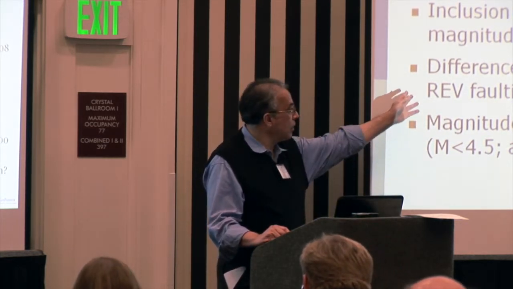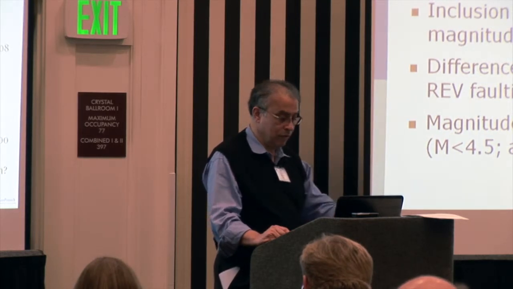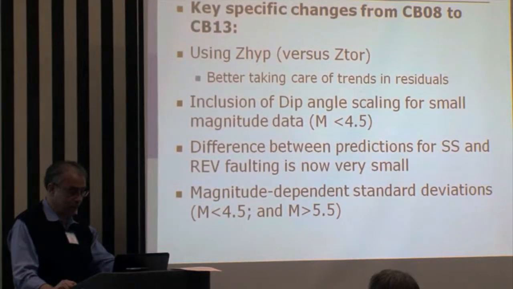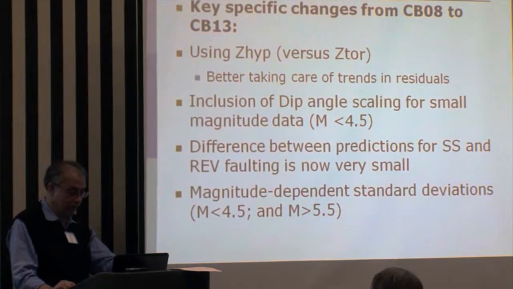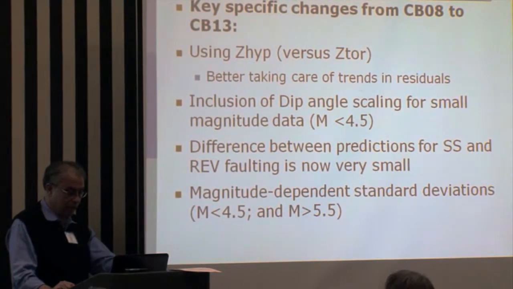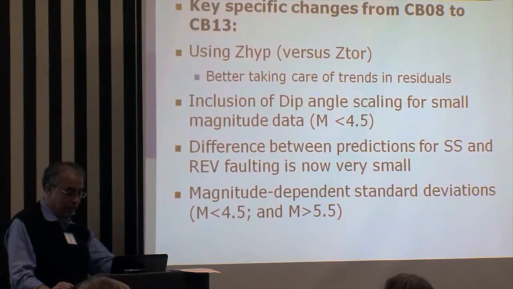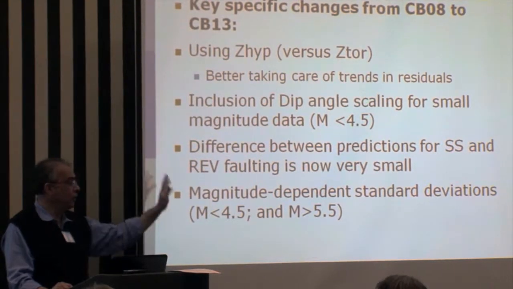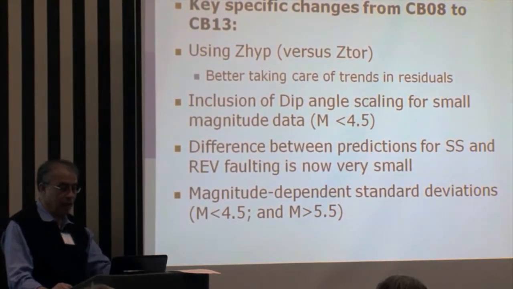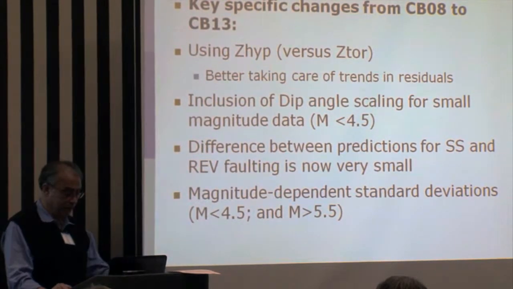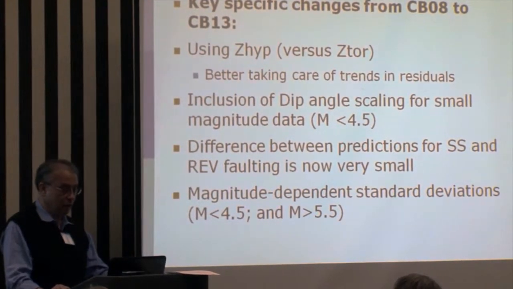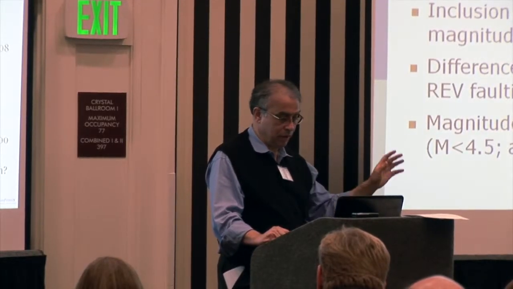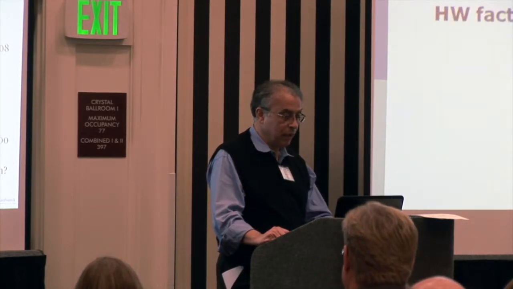Then after analysis of the residuals, similar to what Norm showed, we eventually settled that there is not much difference between strike slip and reverse faulting in terms of prediction. That's where the coefficient for reverse faulting is basically 0. Then we now have magnitude dependent standard deviation: between 4.5 and 5.5 it is a linear taper, and for smaller than 4.5 the standard deviations are larger. So these are the key changes since 2008. There are minor changes here and there also if you want.